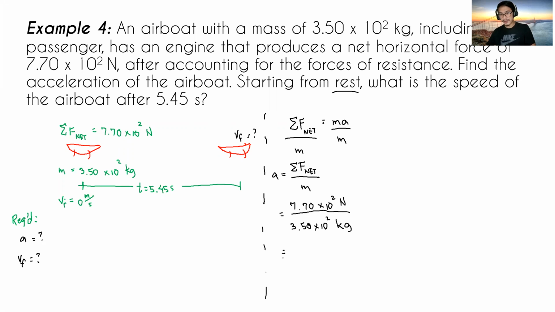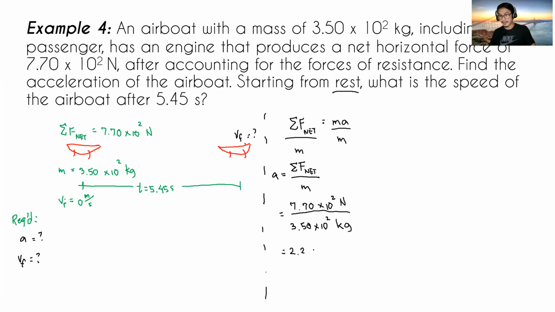And that will give us an acceleration of 7.70 times 10 to the power of 2 divided by 3.50 times 10 to the power of 2. That will give us 2.2.